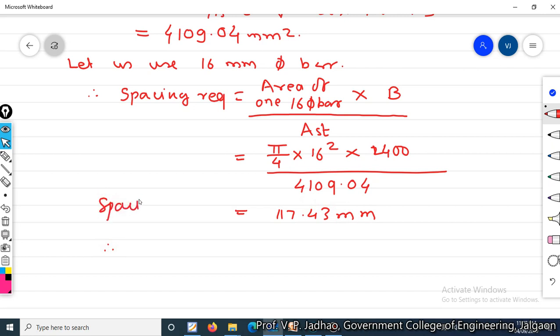Therefore the spacing required is 117.43 mm.